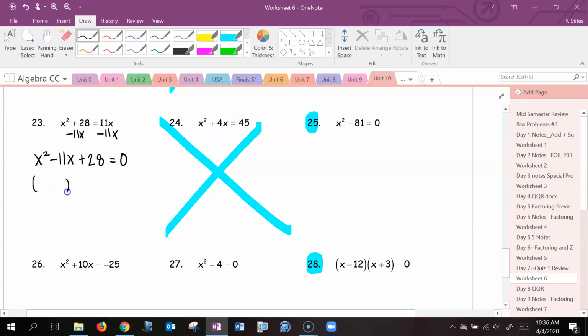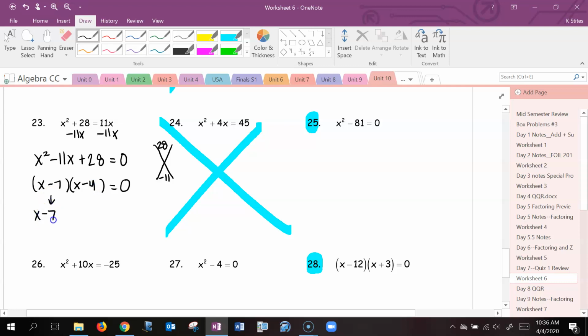Now we'll have to factor. Notice I brought down my equals 0. I am multiplying to 28. I am adding to negative 11. And this is going to be a negative 7 and a negative 4.